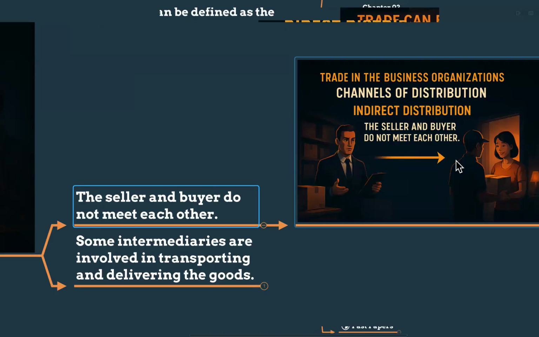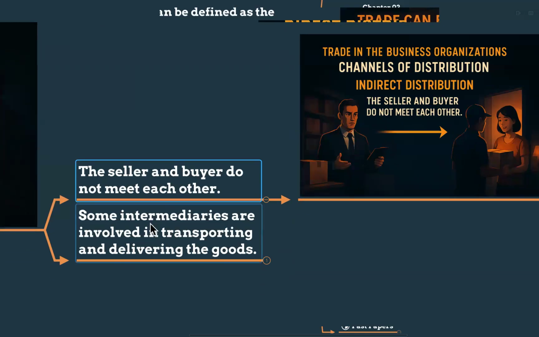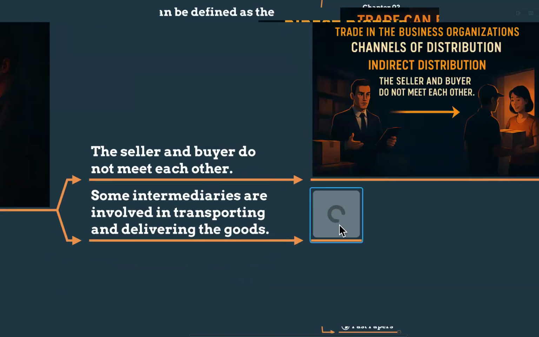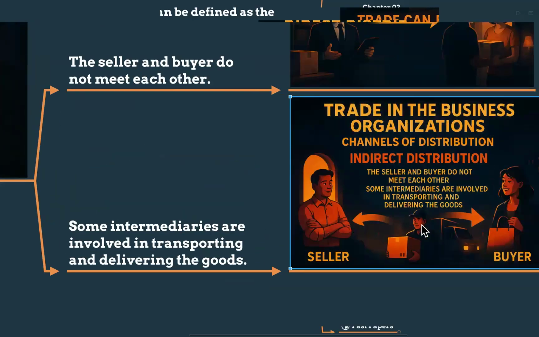There are multiple businesses, because if there is an agent, he is doing an agent business. If there is a wholesaler, he is doing a wholesale business. If there is a small retailer's shop, they are doing retail business. So multiple businesses are involved in indirect distribution. Some intermediaries are involved in transporting and delivering the goods also.